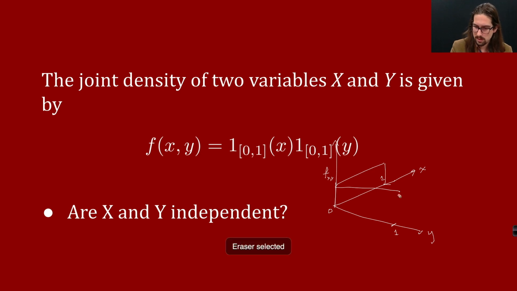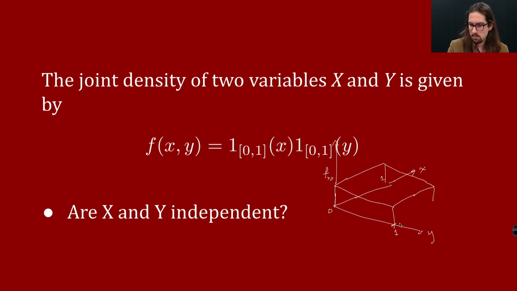The plot that you get will look like this. Okay. So this function takes value 0 everywhere outside of this box.